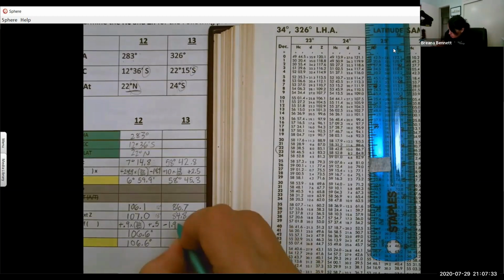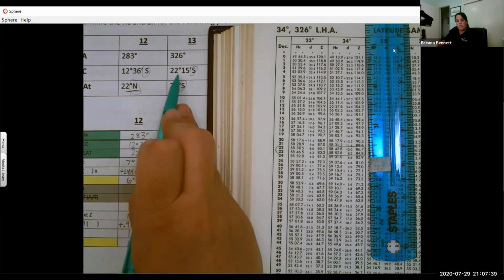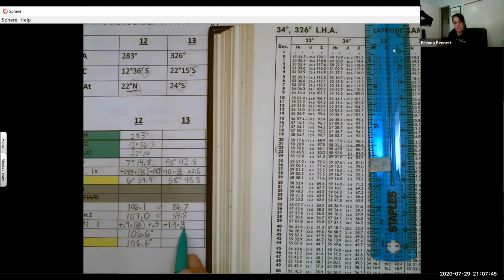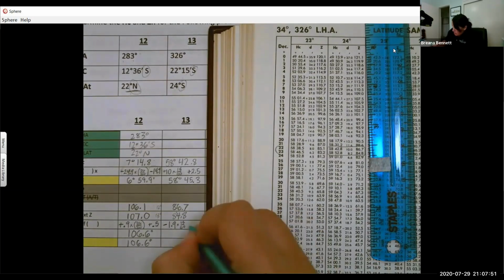but I'm only subtracting 15/60 of that because my declination was 22:15 minutes. So I'm doing 15/60 times my 1.9. And that gives me a negative 0.5.